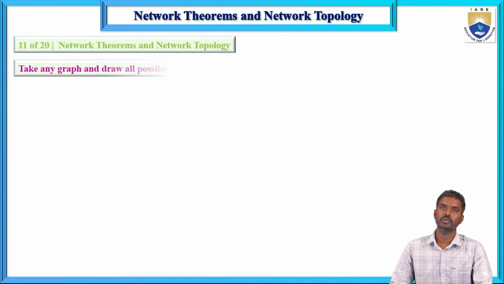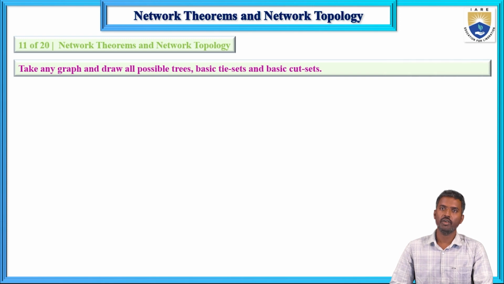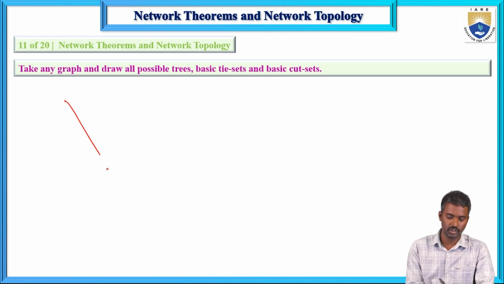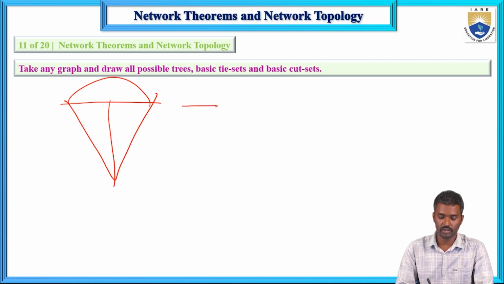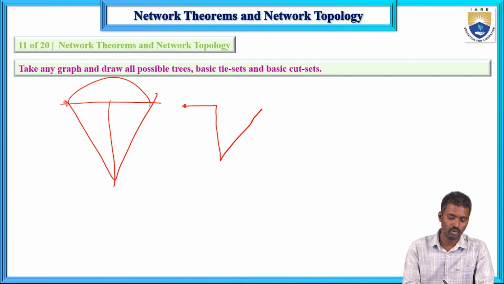Next, take any graph and draw all possible trees, basic tie sets and basic cut sets. Suppose I take this one, so for this case the possible number of trees: this is one tree. It should consist of all nodes, without any closed path.